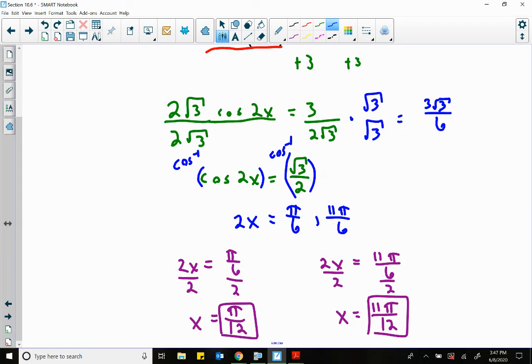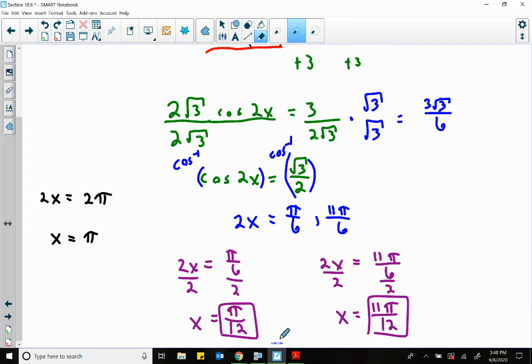All right. So this one was just a little bit different, but nothing crazy. Okay. So remember cosine again, period is 2 pi. But that's when you're working with a regular x. We have 2x. So what does that do with my period now? Cuts it in half because you'll have to divide by 2.